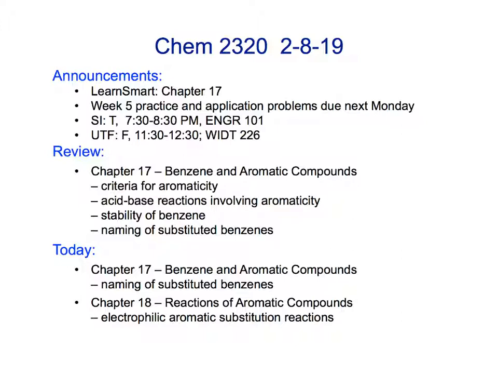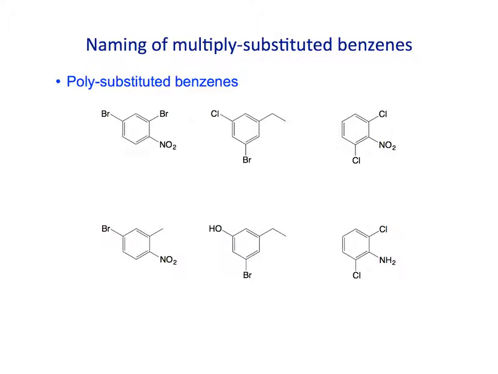Let's look at more examples where we have more than two groups. Because ortho, para, and meta are terms that describe the relative position of two groups, we can't use them if we have more than two. There'd be no way to tell what was what. So at that point, we just have to go to numbering.